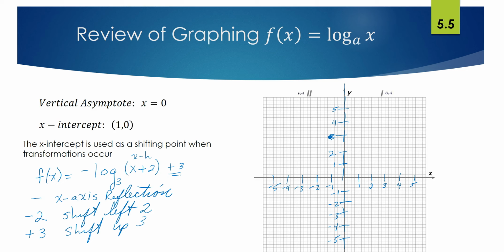And then my asymptote is also shifting left 2 units, so it was at 0, it's now at negative 2. And it's reflected, so my graph is coming down the asymptote, sees the turning point, and curves off.